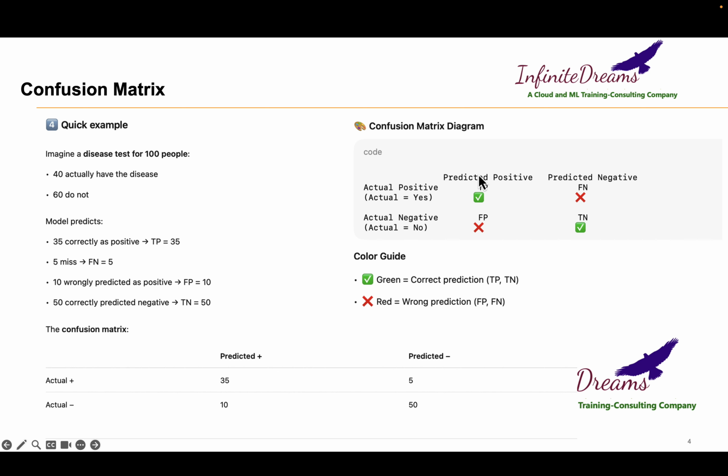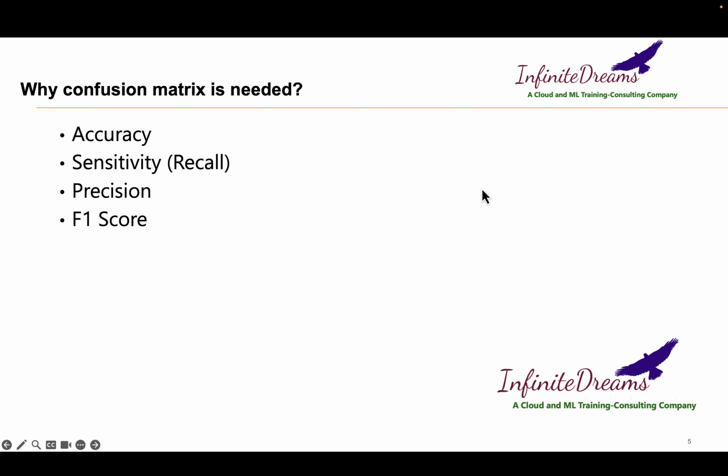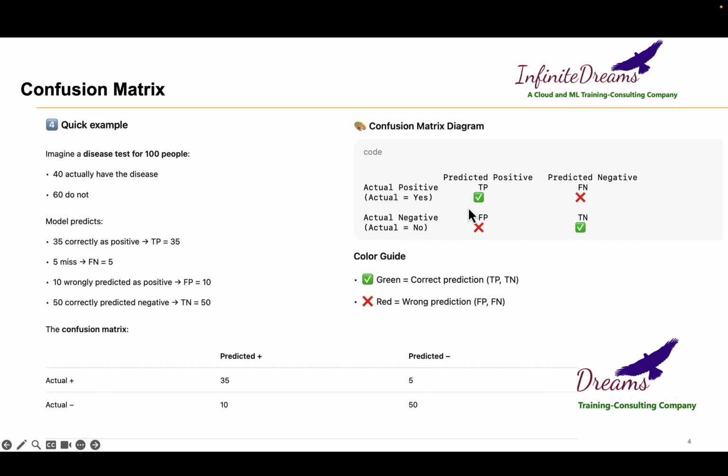Here the data says the disease is there, data says positive, so it's a true positive. And here the model says negative and data also says it's negative. Next, these two important things: false negative and false positive. Here the model says there is no disease, predicted negative, but the data says it's positive.